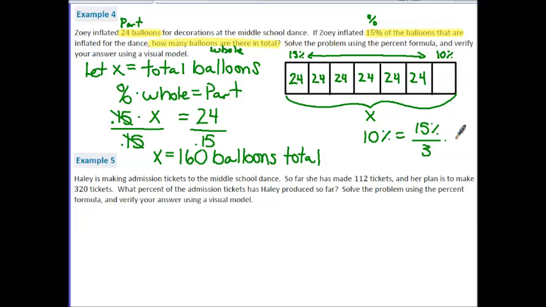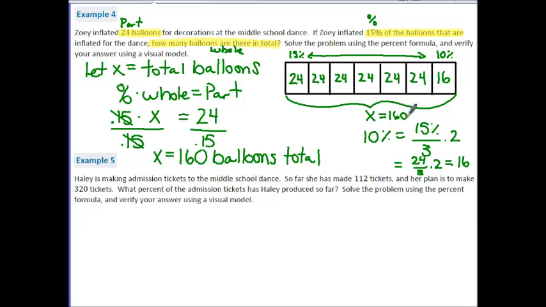And then we want 10%, so we'd multiply by 2. So I'm going to take that same concept and apply it to what the value of 15% is, which is 24. So we're going to take 24 divided by 3 and then multiply by 2, and that gives us a value of 16. So that tells me this last block here is 16. If I add all of these up, all the 24s and the 16, we get a grand total of 160. So this verifies our conclusion that there are 160 balloons total inflated for the dance.